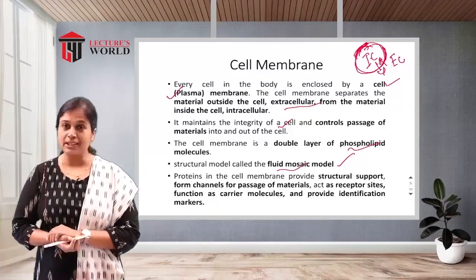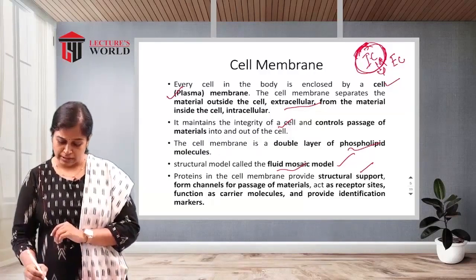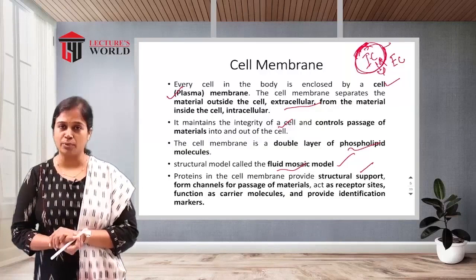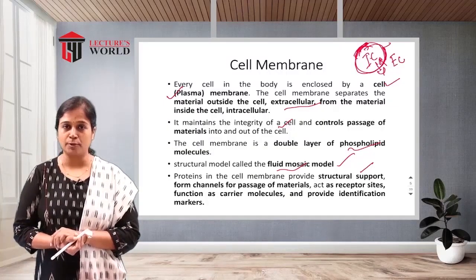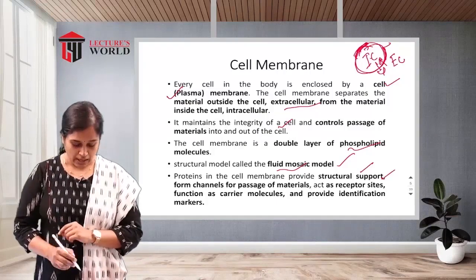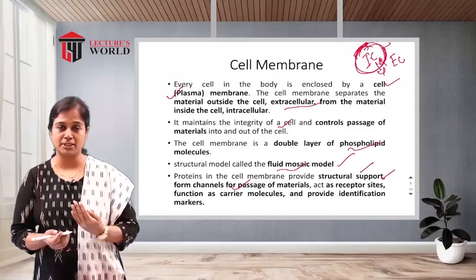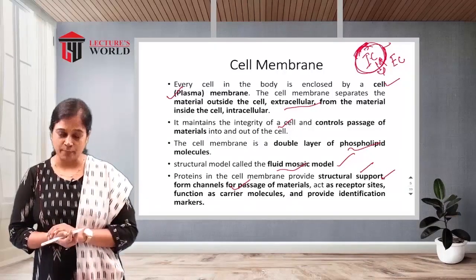The proteins in the cell membrane provide structural support. This cell membrane also contains proteins. What is the function of the proteins of the cell membrane? They provide structural support. They form channels for the passage of material. For passing of material, these proteins are important.